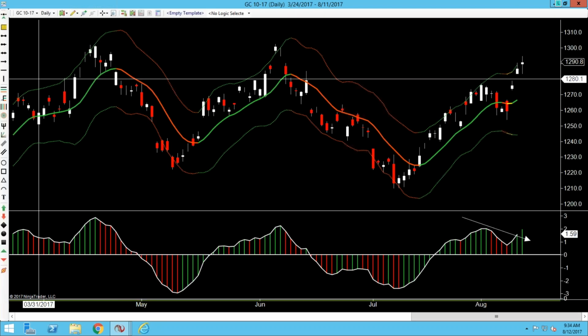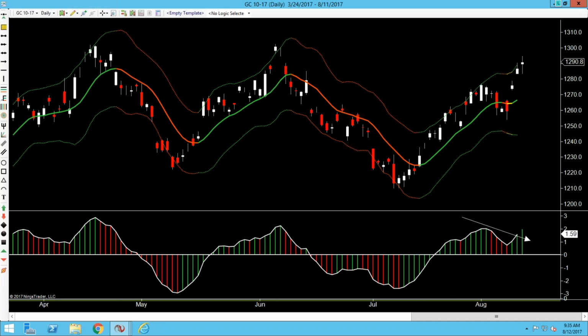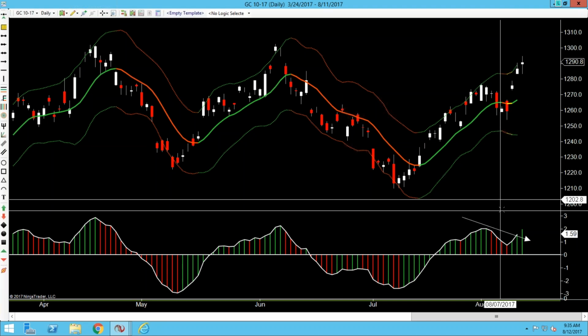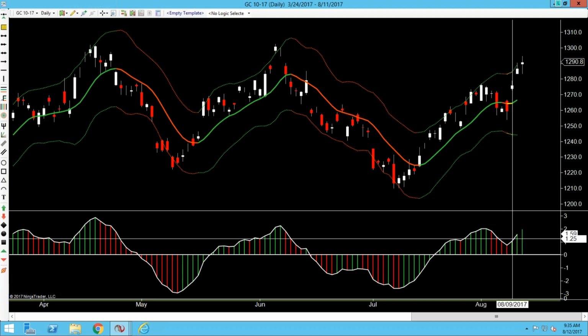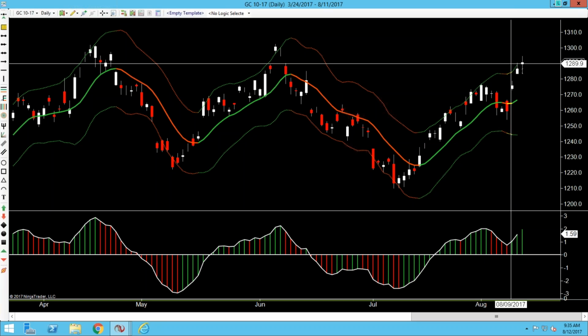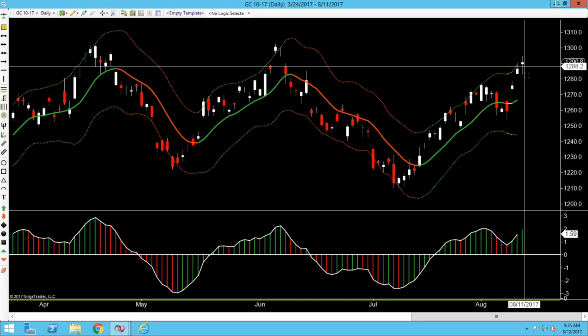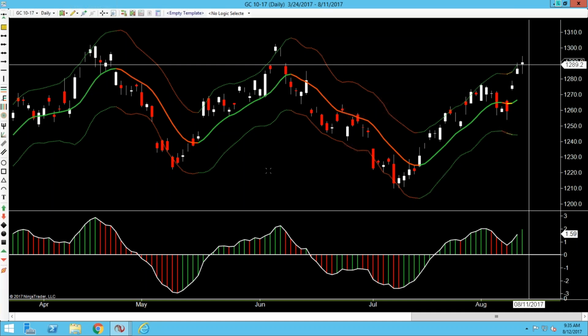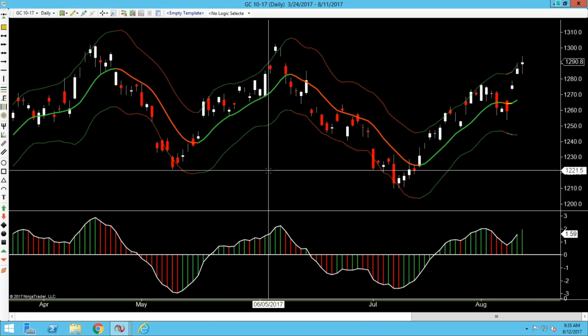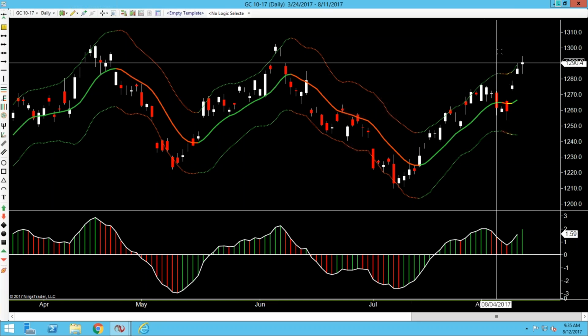Look at gold. All right, so we're at the top of the band with a doji. So in an uptrend, 13 hasn't been hit.